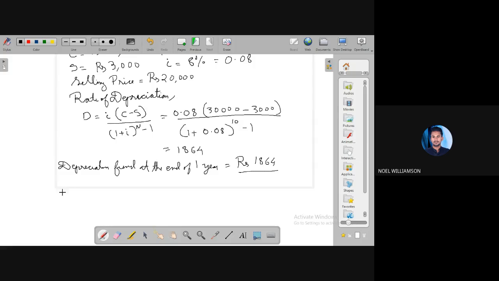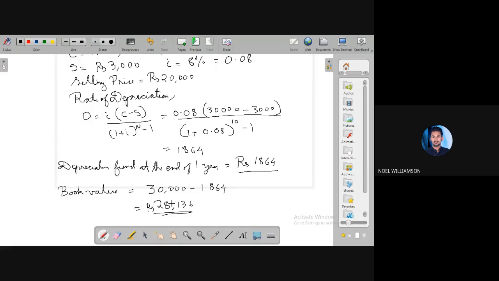So the book value, that is the present value after 1 year, will be equal to the initial value 30,000 minus the depreciation fund 1864, and you will get the value as 28,136. So this is the book value of the product.